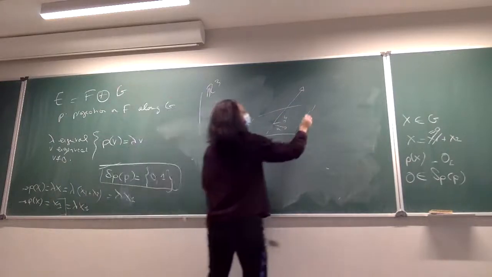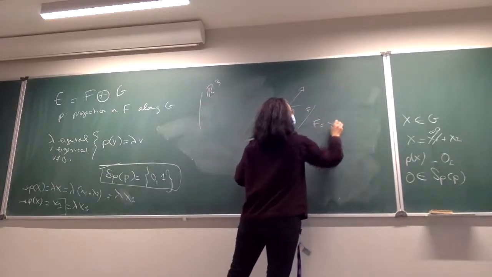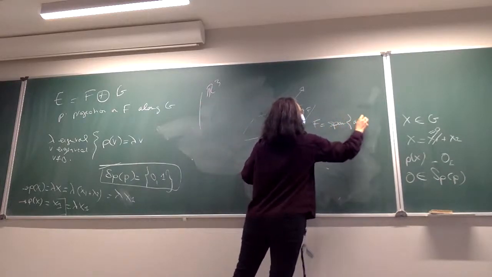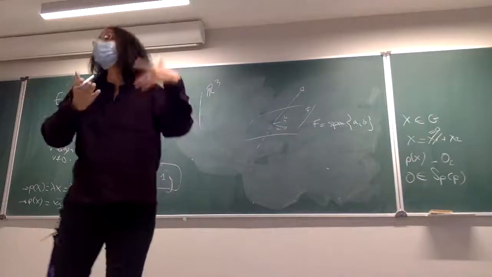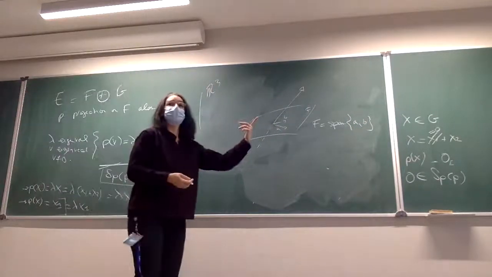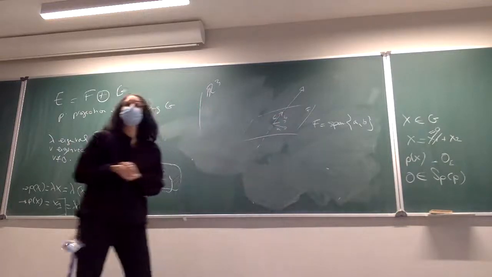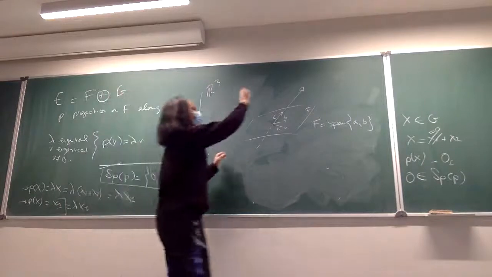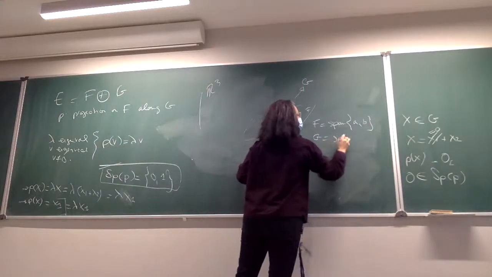So that's going to be some space F. Right, so I've got a plane, 2 directions, let's call them A and B. And I've got a third direction, let's call that C. And that's going to be the space G. G is equal to the span of C.